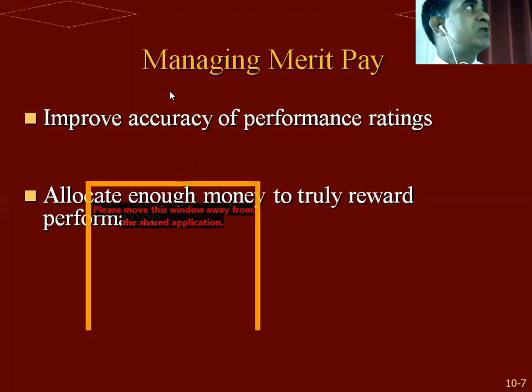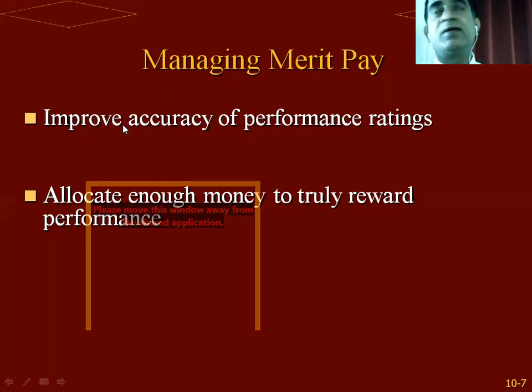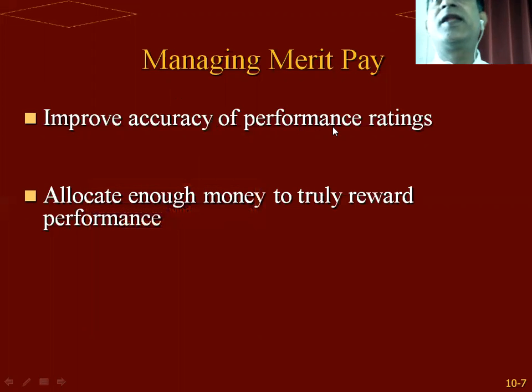So what happens in unprofessional organizations? These performance ratings are not very accurate or standard. Just for name sake, self appraisal and performance appraisal is done and it is dumped into the file. That's it. So that way it should not work. So the company should improve accuracy of performance ratings.